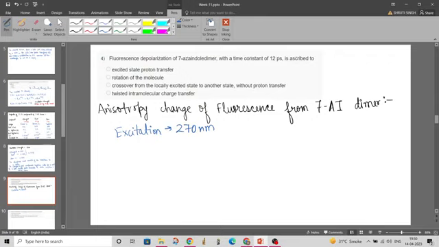The benzene group is there, and the sample was 10 to the power minus 2 molar in hexane.